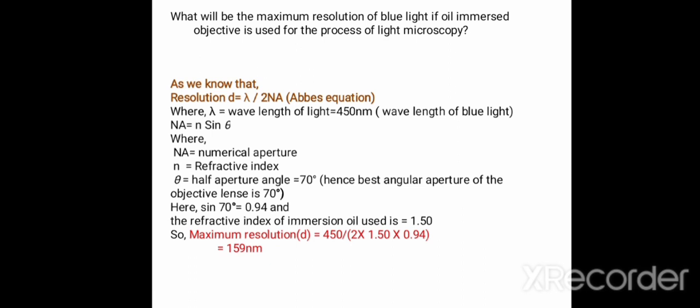And the refractive index of immersion oil used is 1.50. So the maximum resolution D is equal to 450 divided by 2 into 1.50 into 0.94. That is 159 nanometer. So the maximum resolution is 159 nanometer.